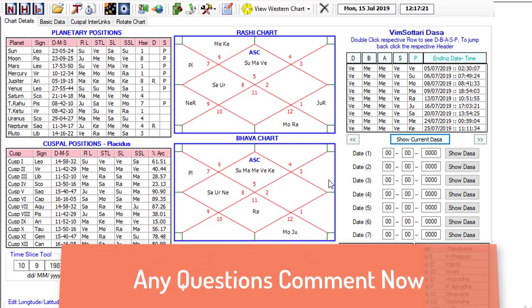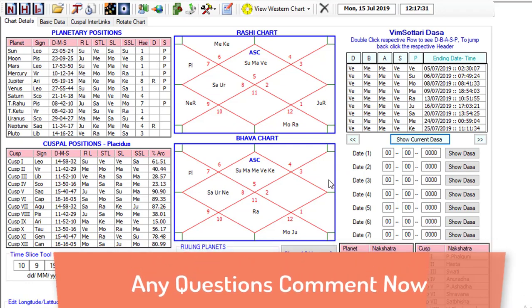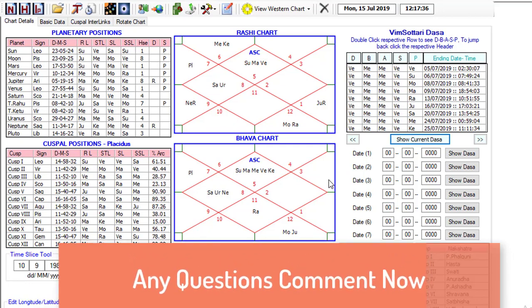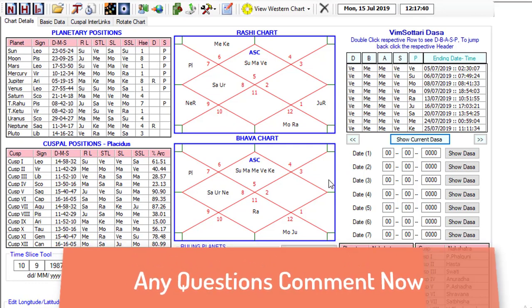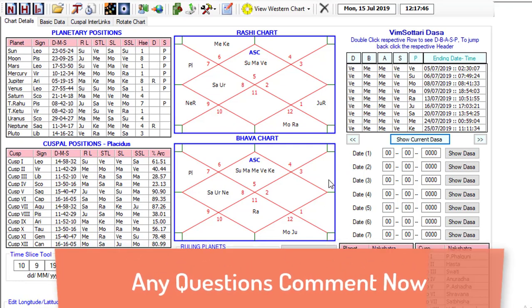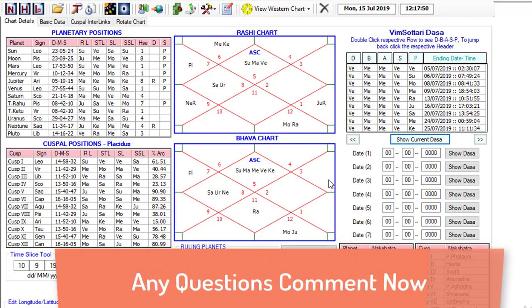Every house or bhava is going to have a particular result of a particular planet according to an event. If we talk about finance, then for Mercury in this chart, the finance is okay. Why is it okay? Because it is sitting in the first house. Although it is owning the 2nd and 11th, it is going to give good results, but it also has the result of the first house, which is the 12th from the second house.